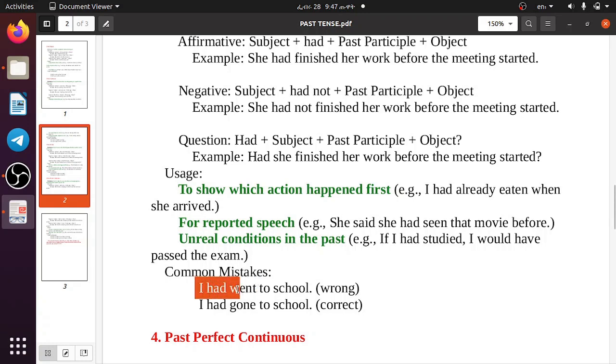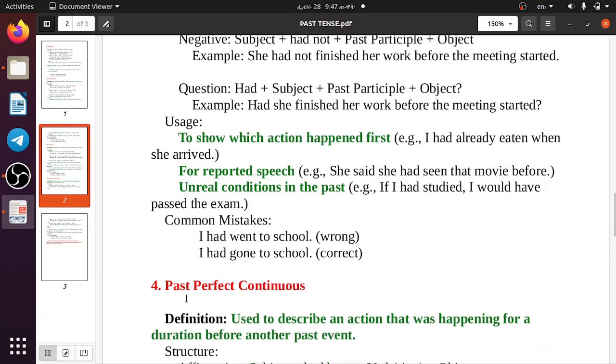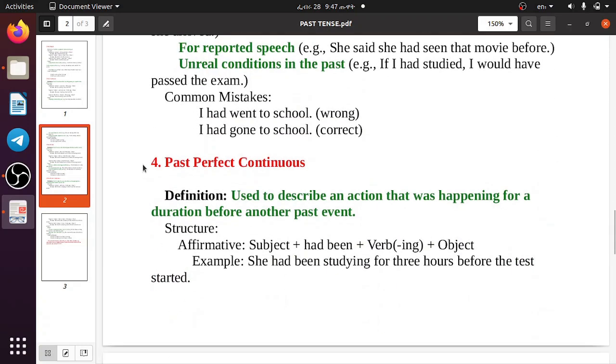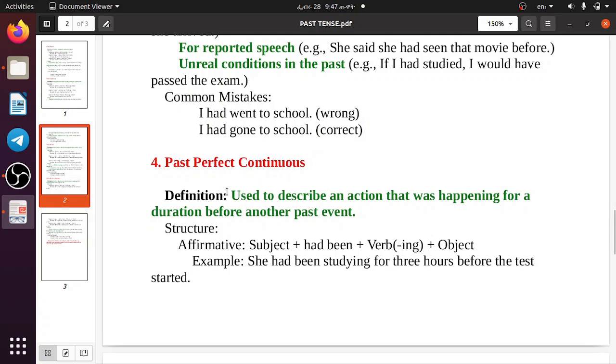The last one, past perfect continuous tense. Its definition: used to describe an action that was happening for a duration before another past event.